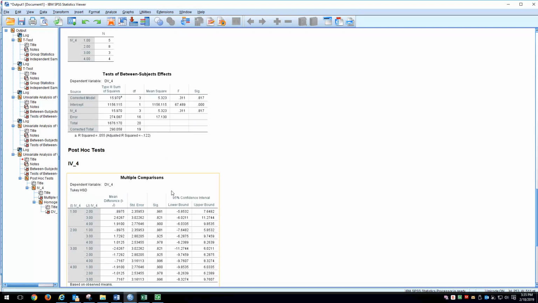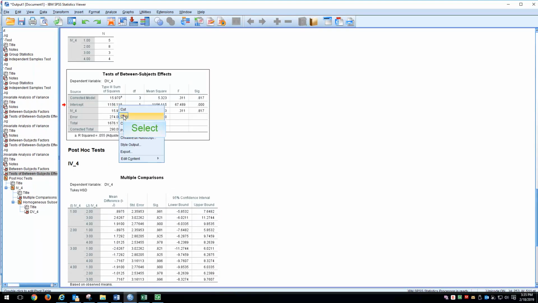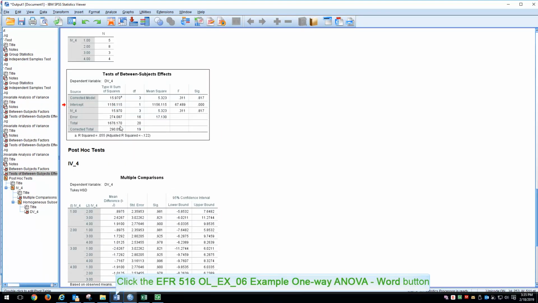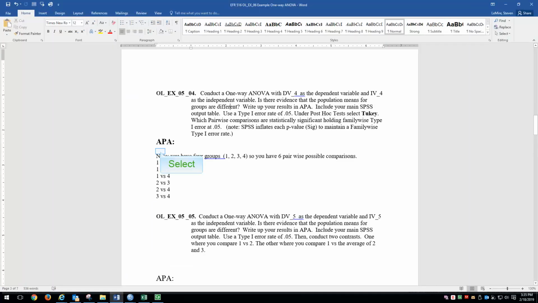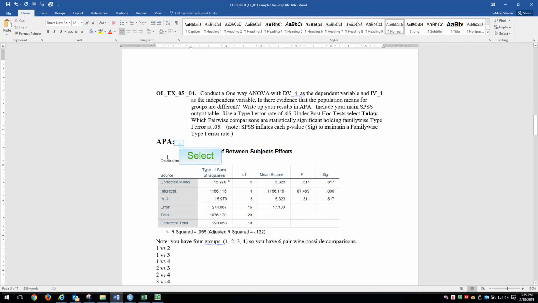So the first thing I want to bring over is my ANOVA test, and I'll paste it right in the assignment here. And so I'm going to write my APA, which is an F. It's 3, we have 4 groups, and 16 degrees of freedom. I get the 16 from the error row.